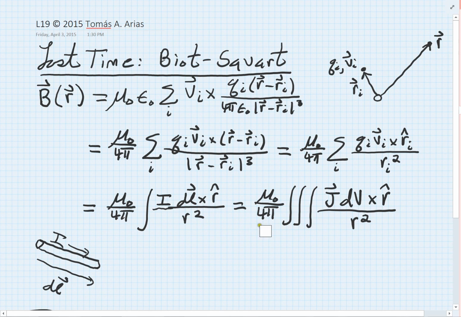There's one final alternate form which we discussed, which is useful when we're talking about more general situations where we don't have just a single very narrow wire, so that we know the direction that every single charge is traveling.